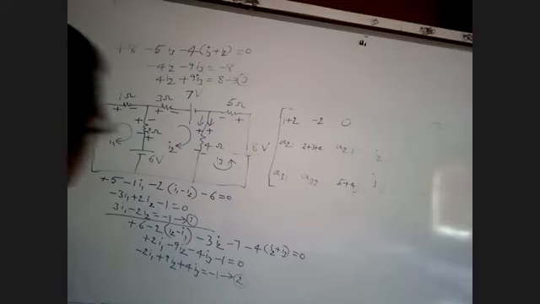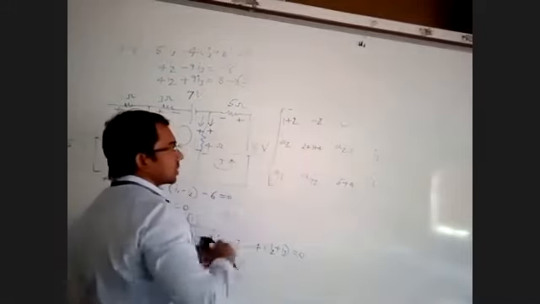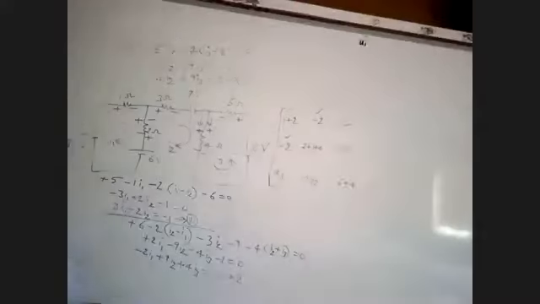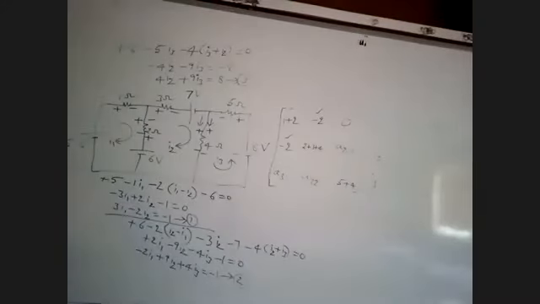Now similarly, A12 is equal to A21. Second loop and first loop are minus 2. Next, second and third loop: plus 4, because both are the same values.